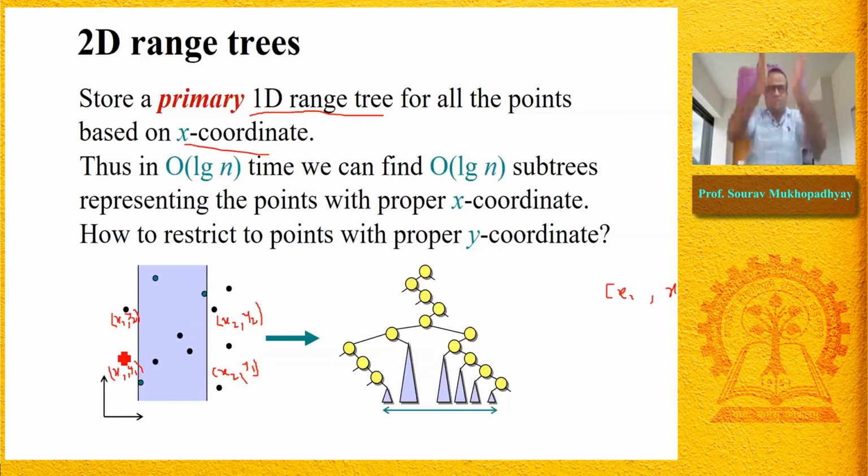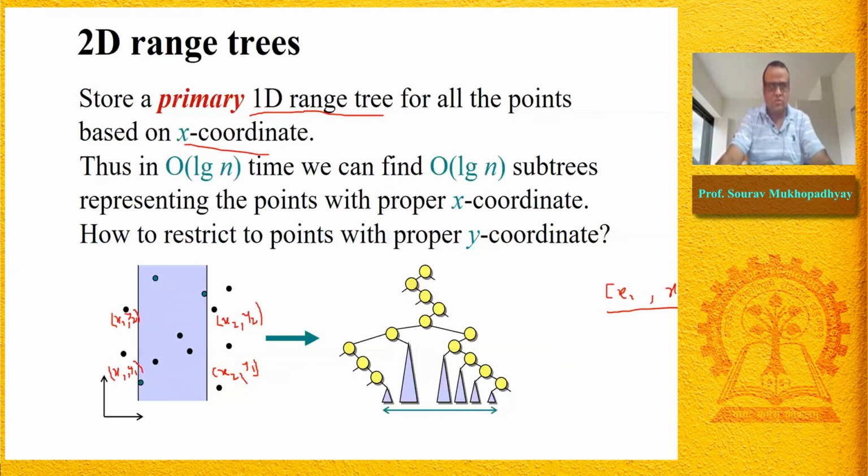This is an infinite strip, where we have no restriction on y. So we can get all the points satisfying the x coordinate criteria. That means all the points whose x value lies between x1 and x2.